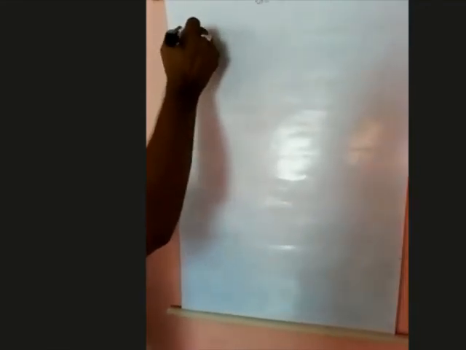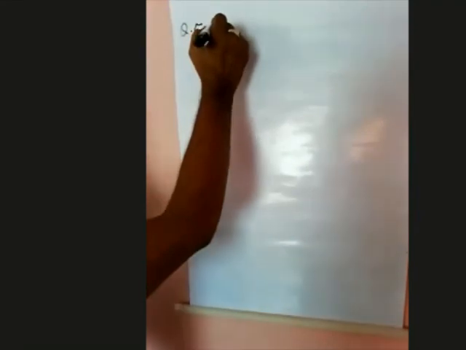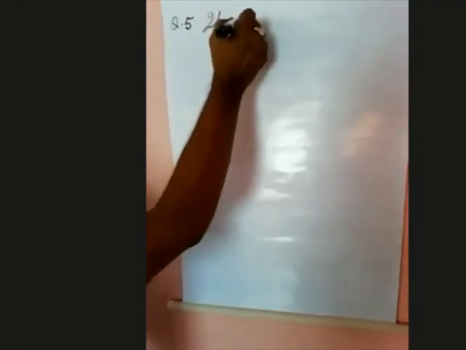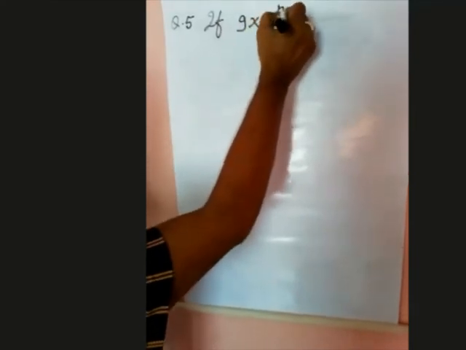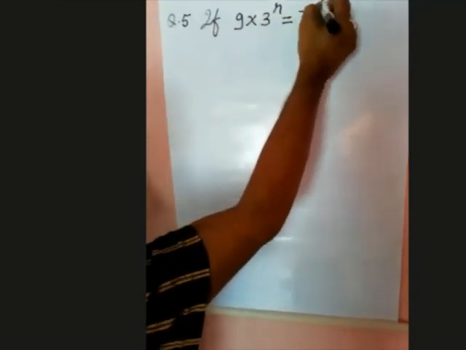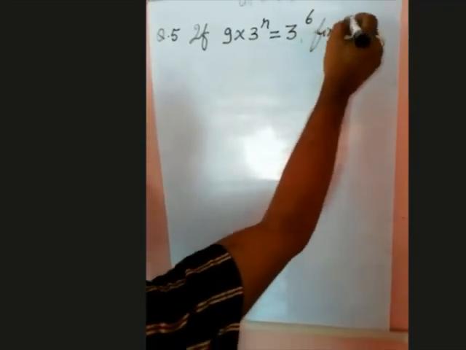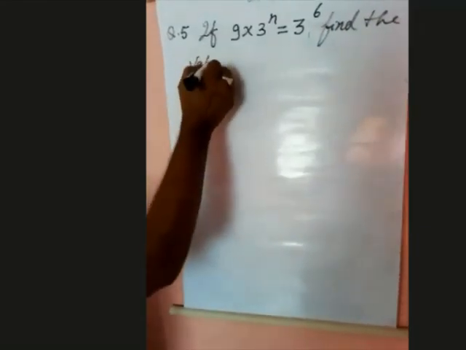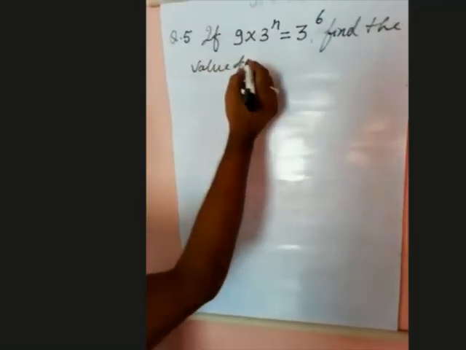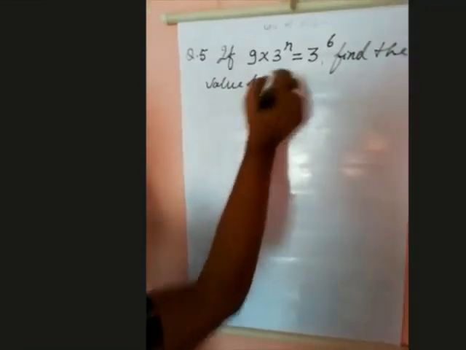Question number 5. If 9 × 3^n equals 3^6, find the value of n.